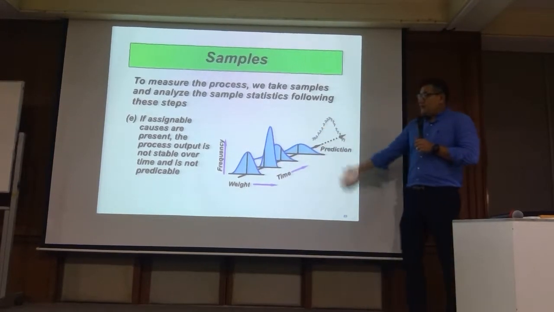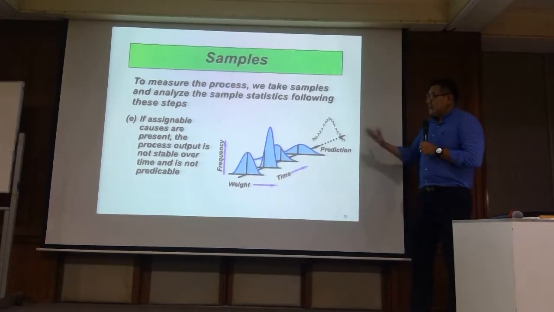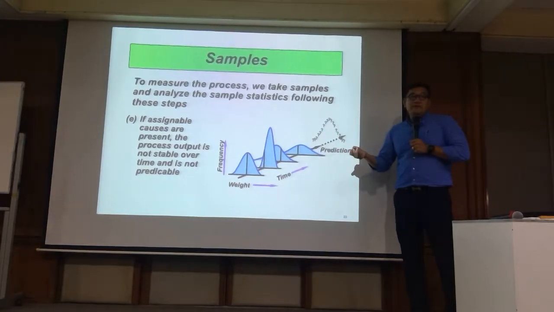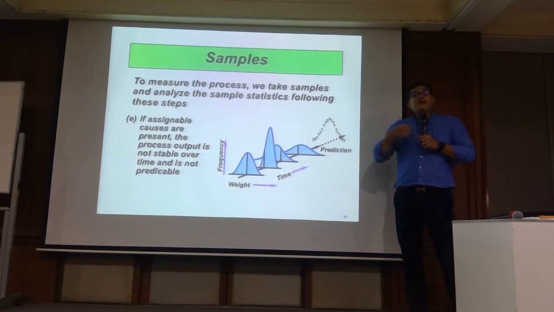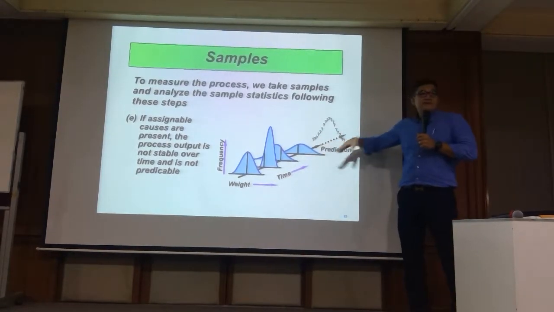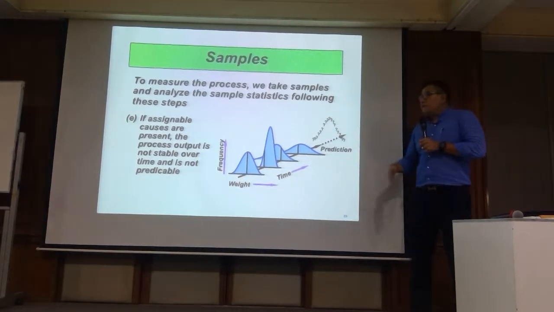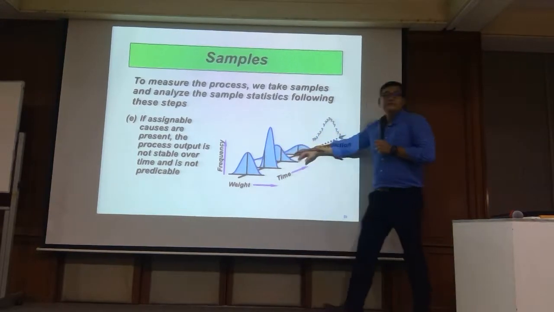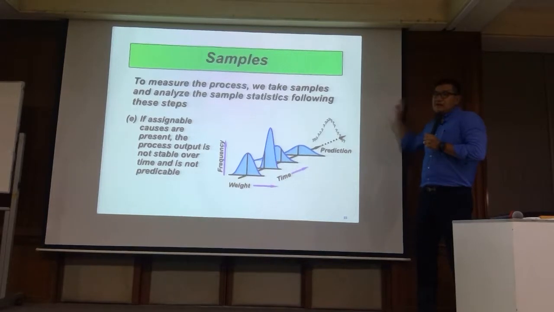So this we call out of control. This is the meaning of in or out of control. If the process is in control, you can predict that the output of your process is going to have the same distribution from time to time. But for out of control, you cannot predict. The distribution from the sampling might be different. We have no idea what the next one or the next 2 hours will be.